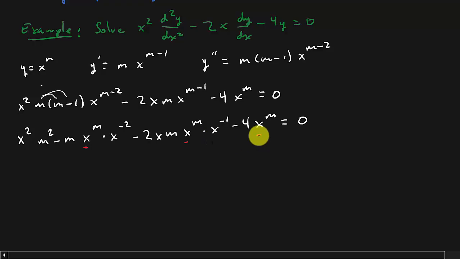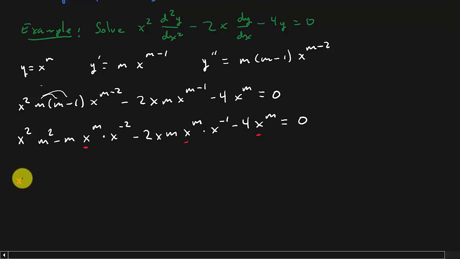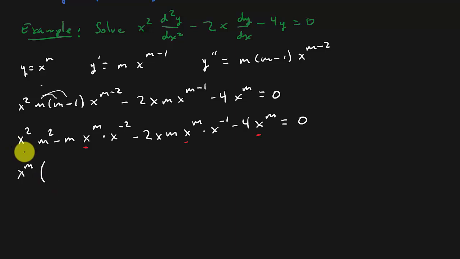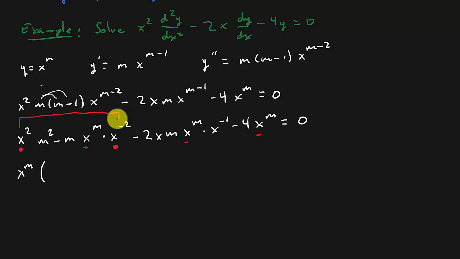So what I'm going to do is factor out that x to the m. So I've got x to the m times. Now notice this term and this term. If I multiply these two together, that's x to the 2 plus negative 2, which is x to the 0, which is just 1. Okay, you see that?